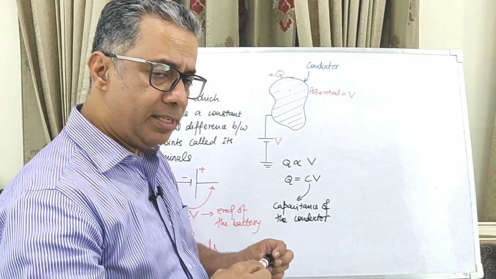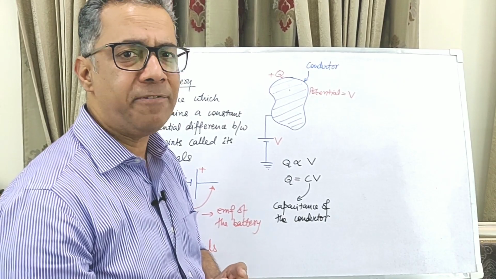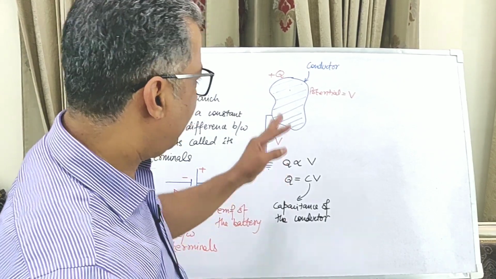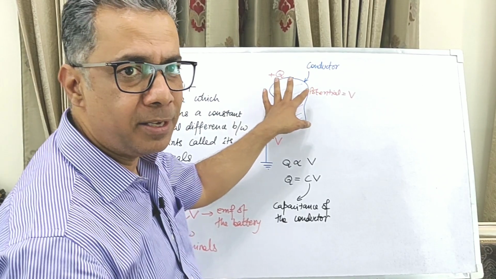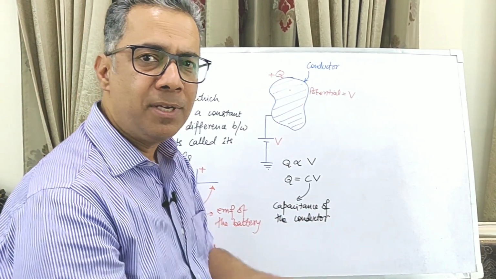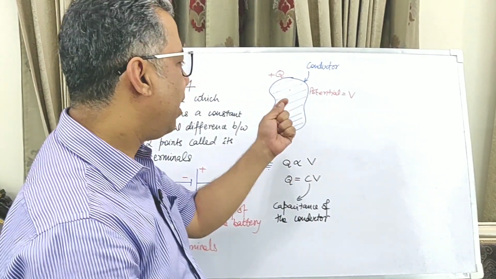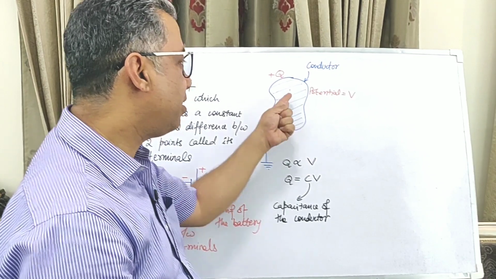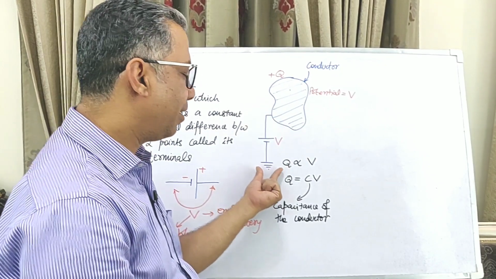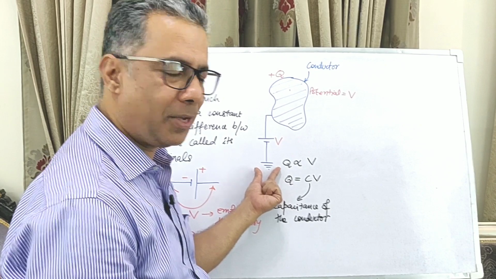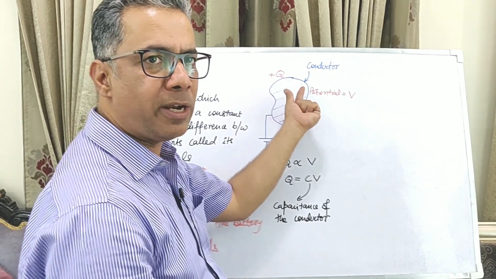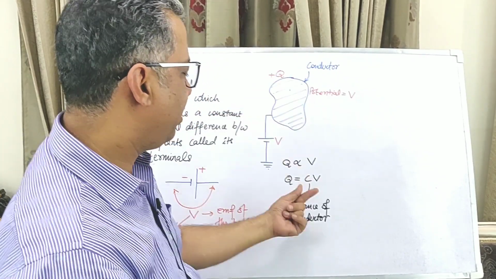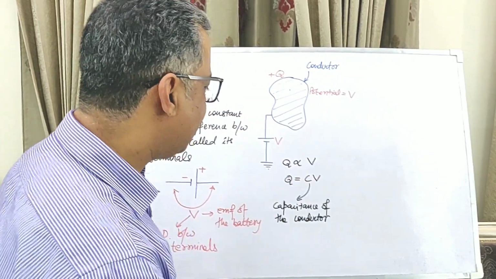But that is absolutely never the case. A single conductor cannot have capacitance. You always need two conductors to generate capacitance, and mind you, the other conductor here is the earth. So we have two conductors, the earth and this small conductor, and together they have this capacitance C.